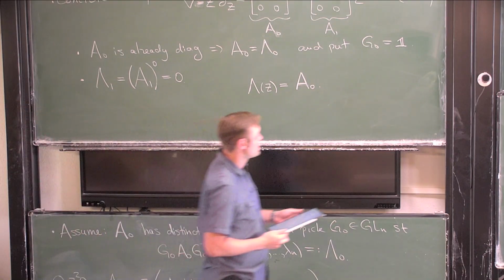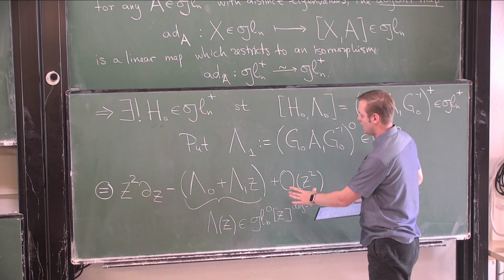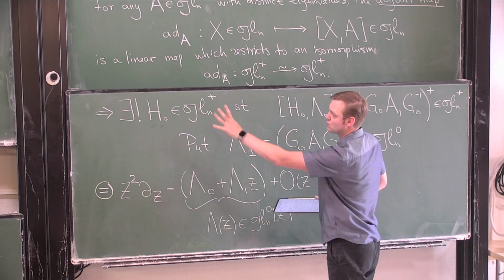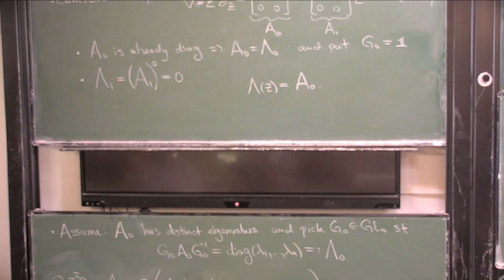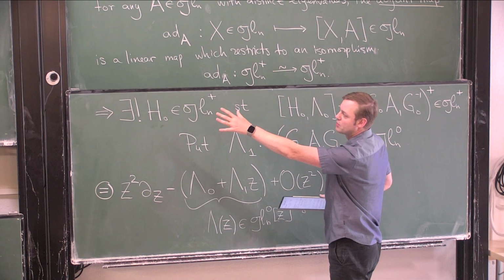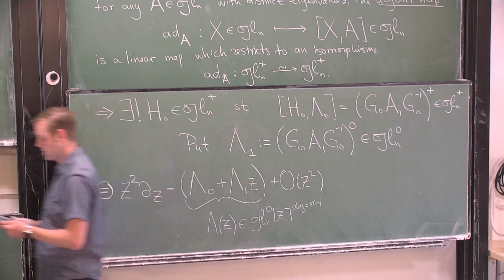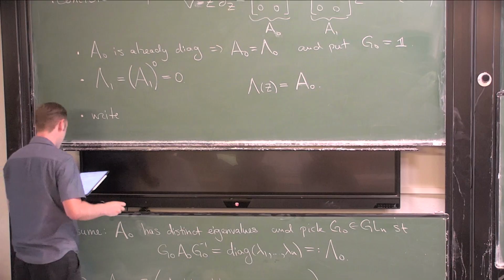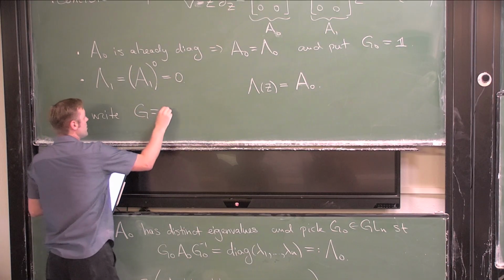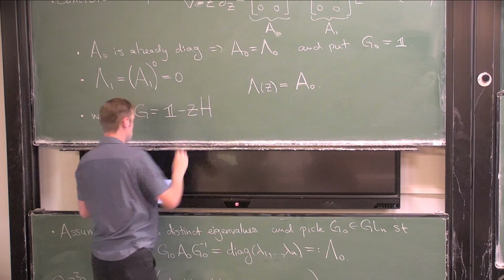Okay, so the calculation I want to do is to show you, when I go from nabla to a nabla 1 whose principal part has this diagonal form using this operation, what gets left over. So let me write my gauge transformation as I did before, 1 minus z h.